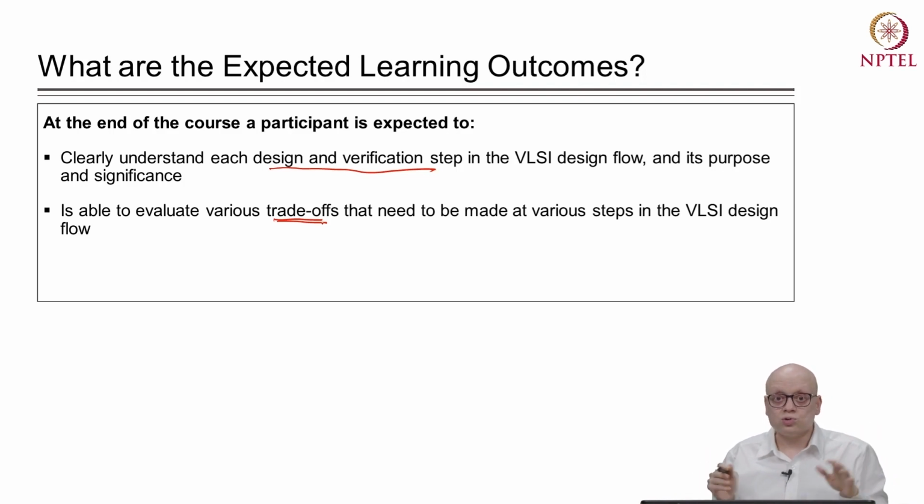So designing is always a kind of balancing act. In this course, we will be looking at those balancing acts and how to come up with engineering decisions in a more systematic way.